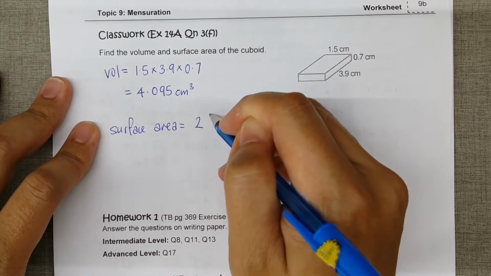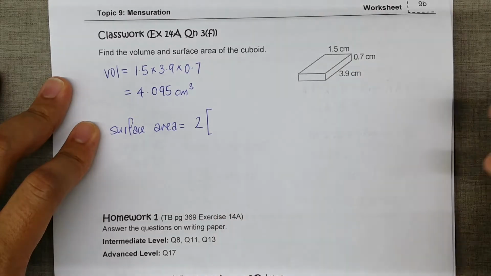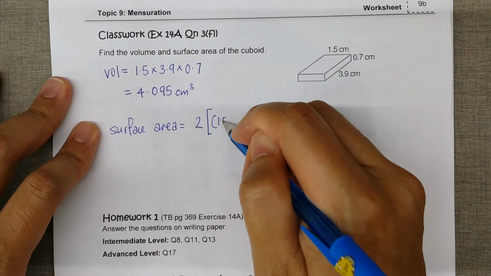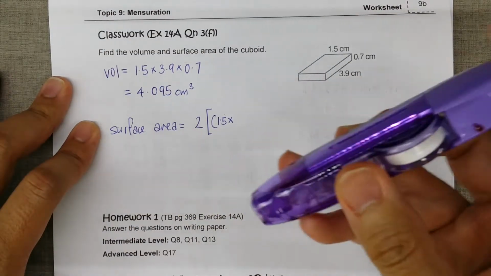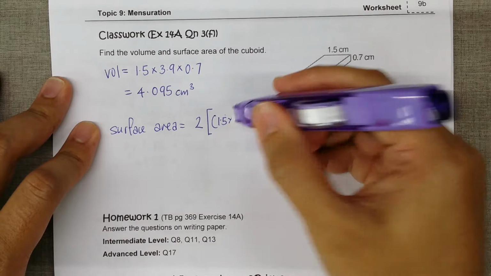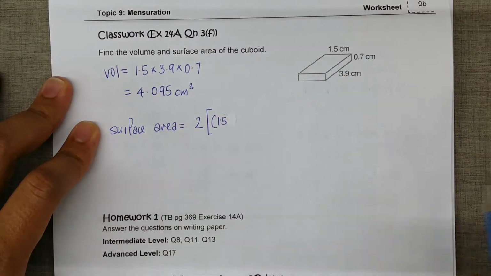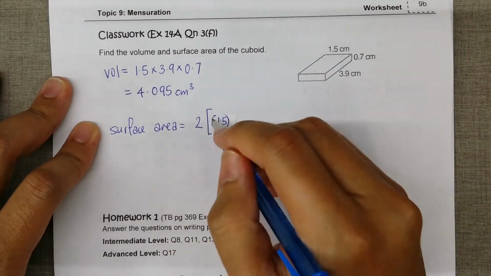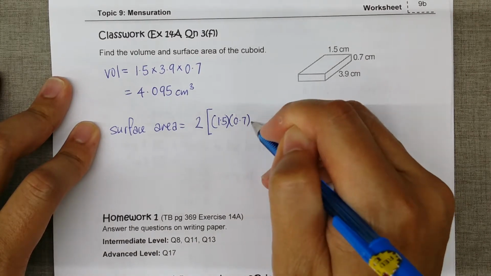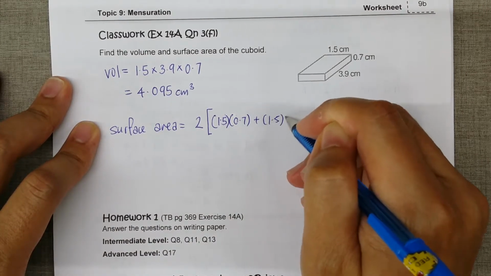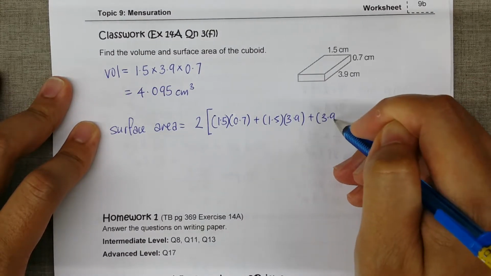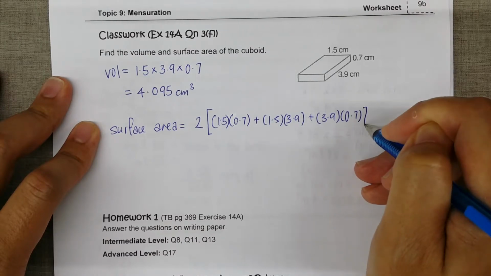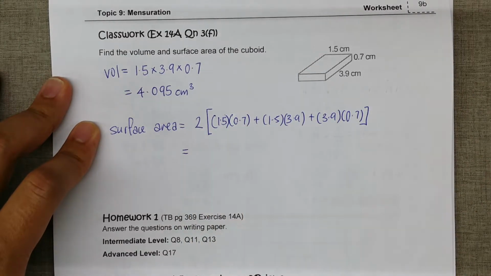So for surface area, again use the formula. 2 times of 1.5 times 0.7 plus 1.5 times 3.9 plus 3.9 times 0.7. Press your calculator.